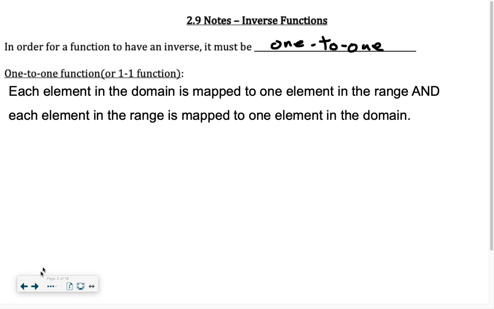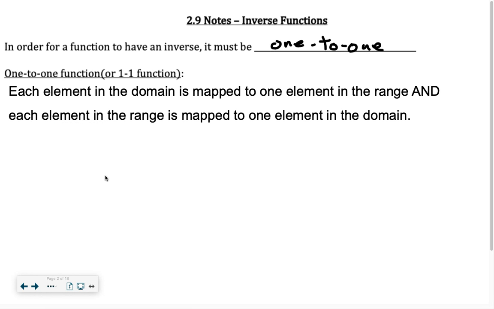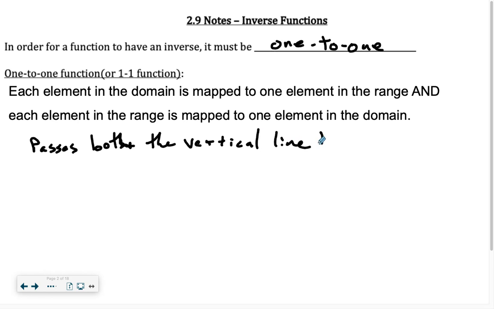Now, visually, what this means is that our function passes both the vertical line test, which we use to just determine if it was a function, and the horizontal line test.